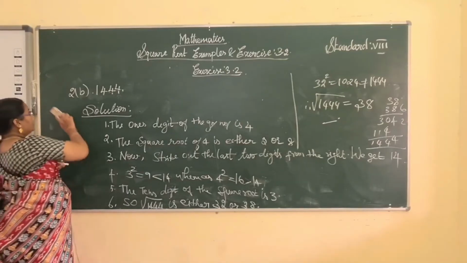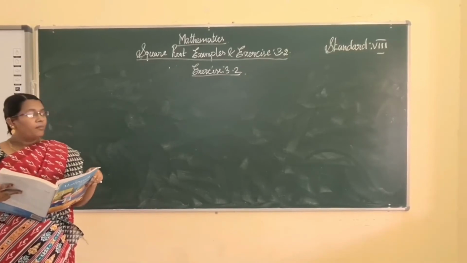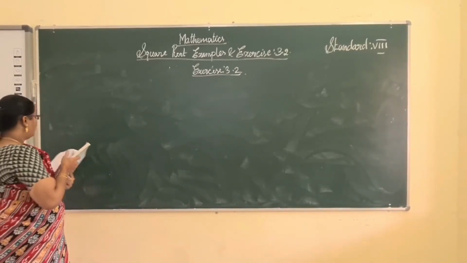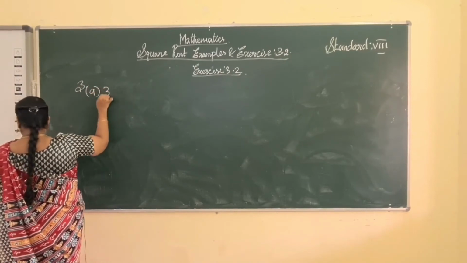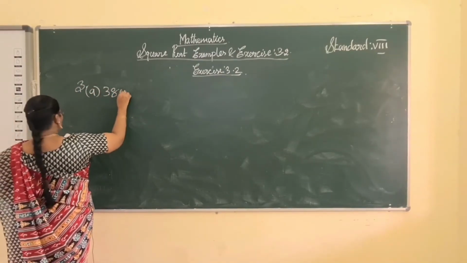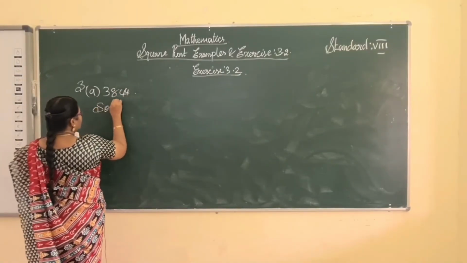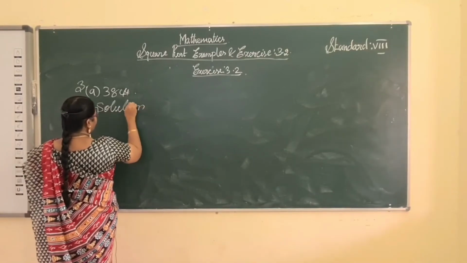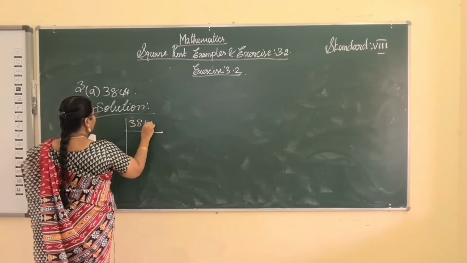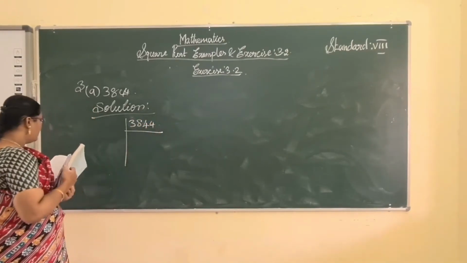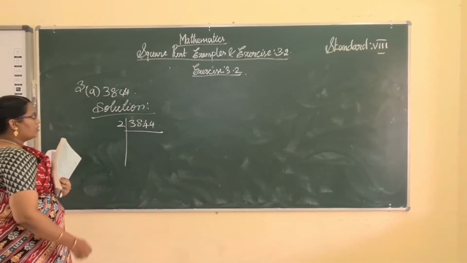Now see the third one. Third method. Find the square root of the following numbers by the prime factorization method. First one, A: 3844. Solution.